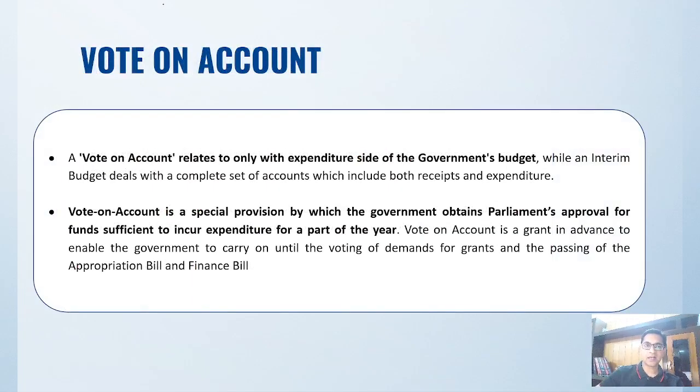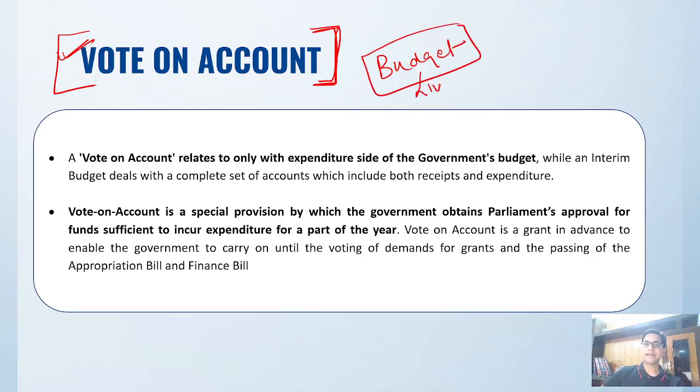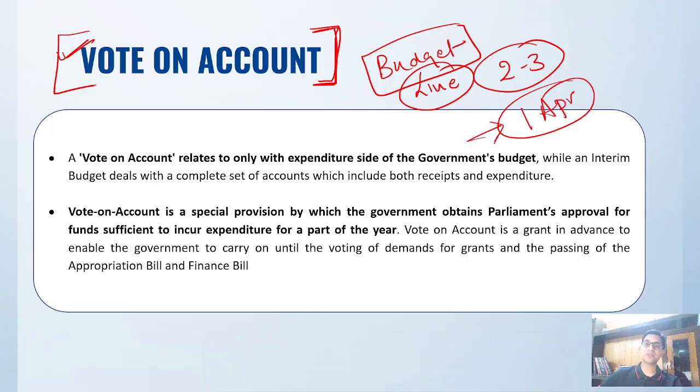Then there is a small concept that is called vote on account. Now the budget is in parliament, line by line discussion happens, so it sometimes takes 2 to 3 months to get the budget passed. But government needs new money from 1st April, and still the budget is not passed.